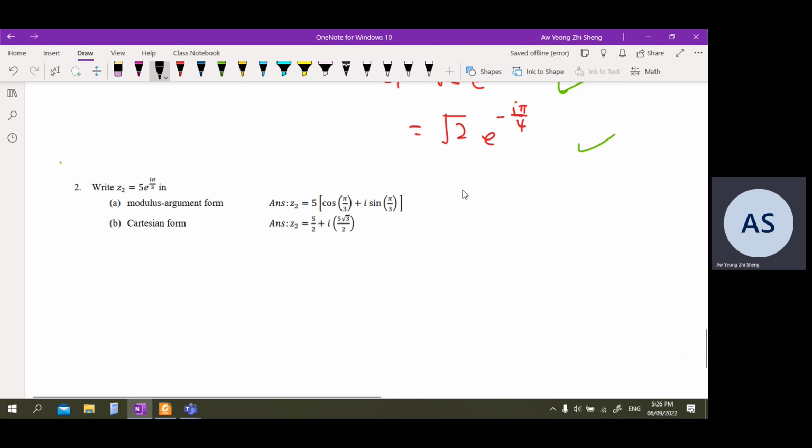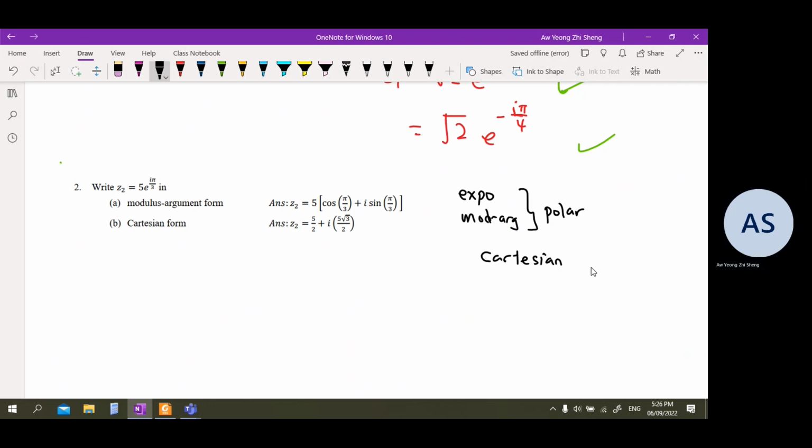Recall that both the exponential form and the modulus argument form are under the same category known as polar form, while Cartesian form is actually a separate category. Because polar form requires r and theta as the input values, while Cartesian form requires the x and y, the xy coordinate on the Argand diagram.